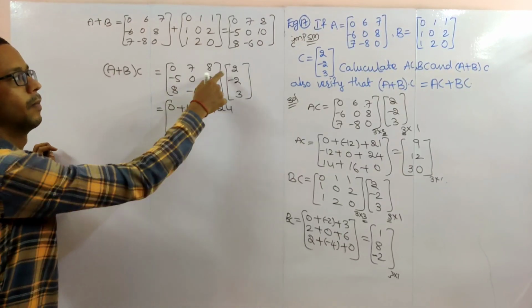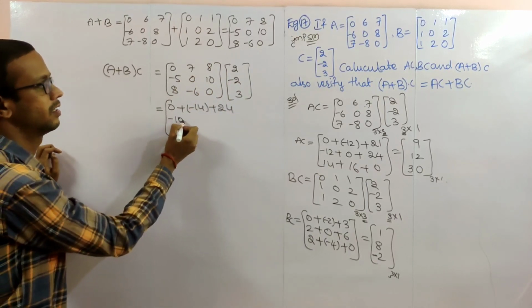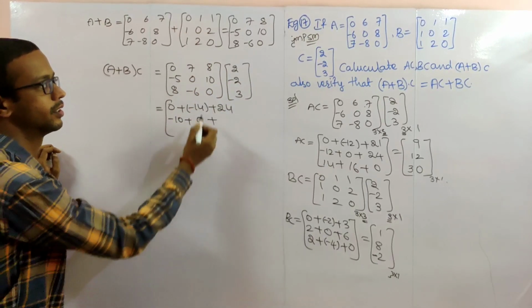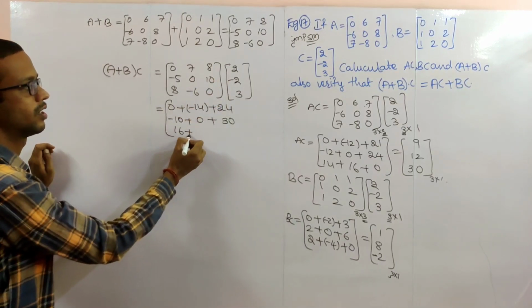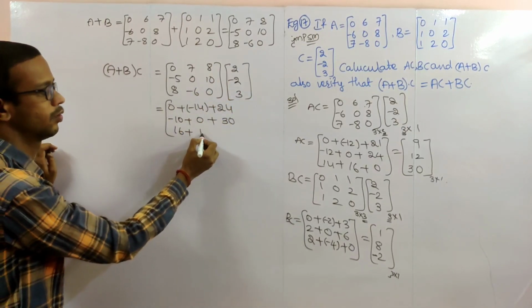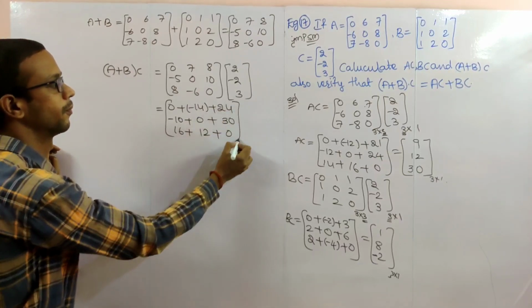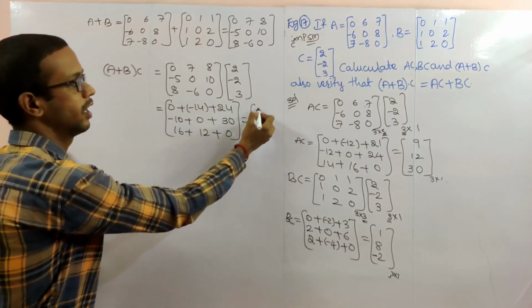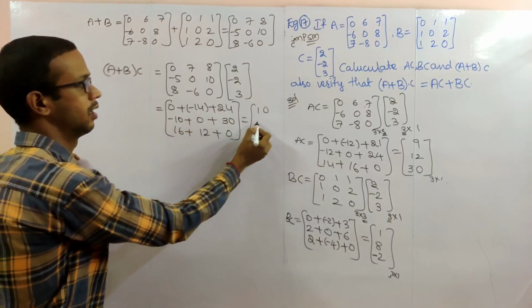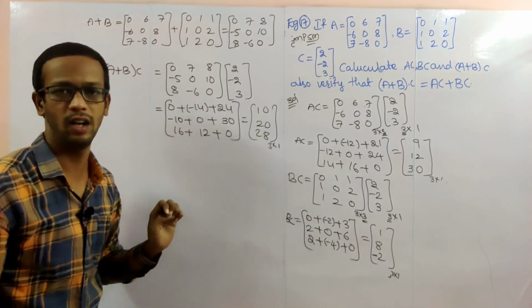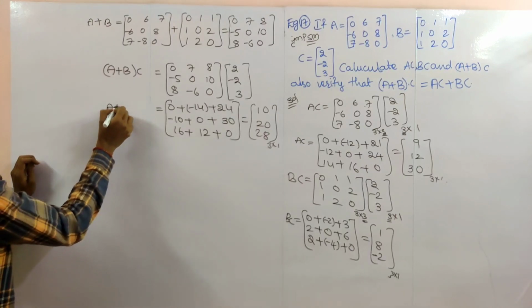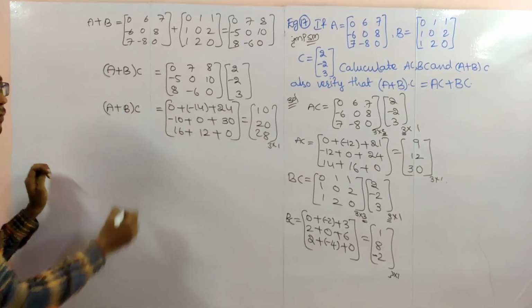Next, minus 5 into 2 is minus 10, plus 0 into minus 2 is 0, 10 3s are 30. Next, 8 2s are 16, plus minus into minus plus 12, plus 0. So what answer will you get here? 10, 20, 28. This is a 3 by 1 matrix. This is A plus B into C.